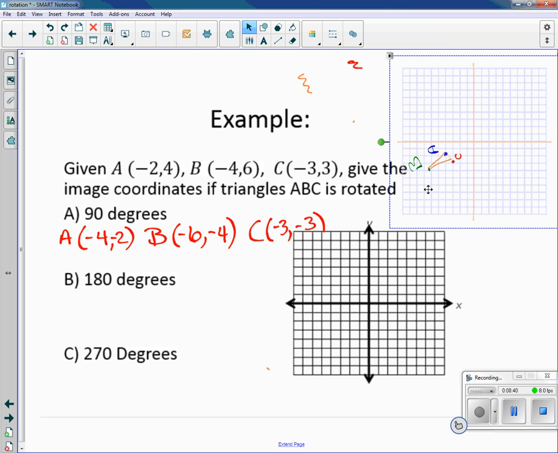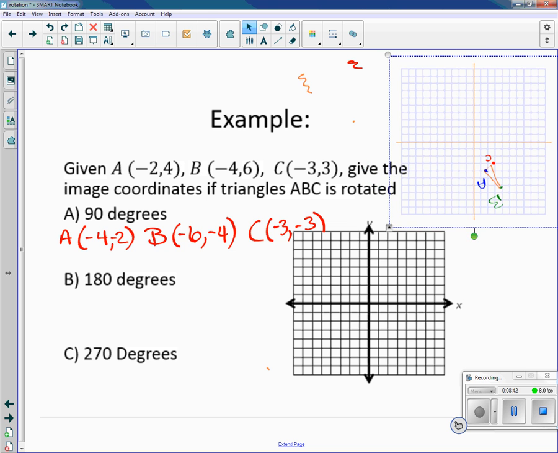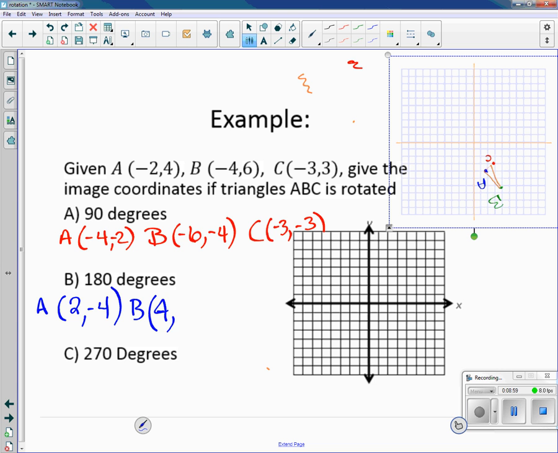Now, let's rotate it one more time. That's 180 degrees. My A is at 2, negative 4. My B is at 4, negative 6. And my C is at 3, negative 3.